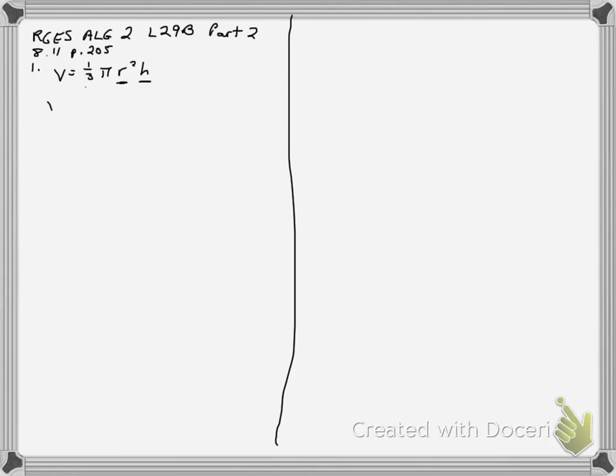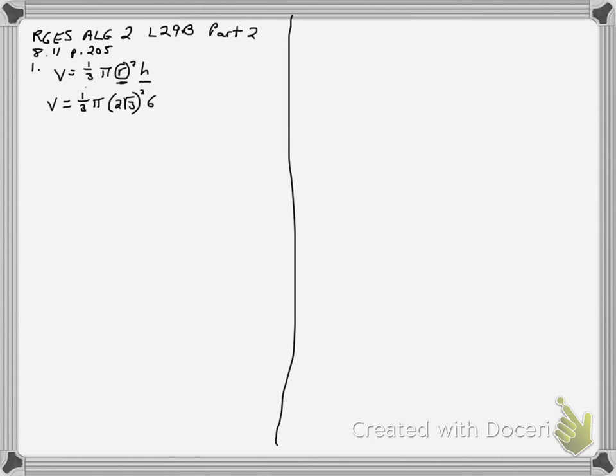So we're going to solve for V, so here we are. Pi, r is 2 times the square root of 3, squared, because we're taking r and then squaring it, and h is 6. So this then becomes pretty easy. It's just checking that you can use the skills you've learned about radicals when we're dealing with formulas.